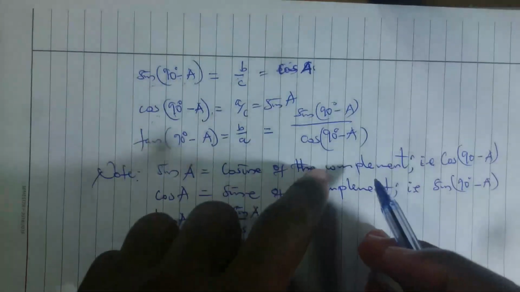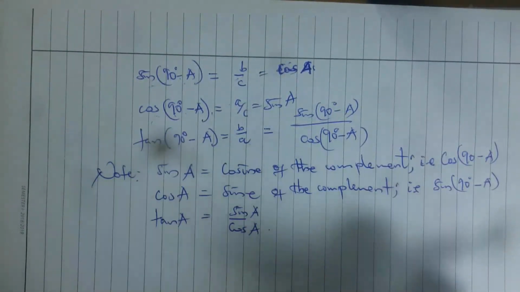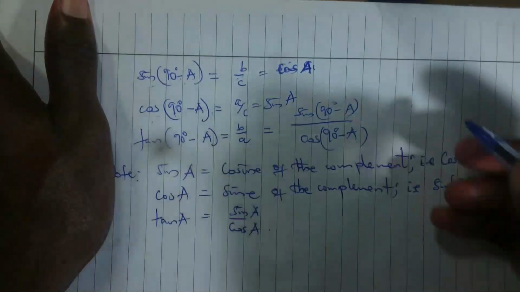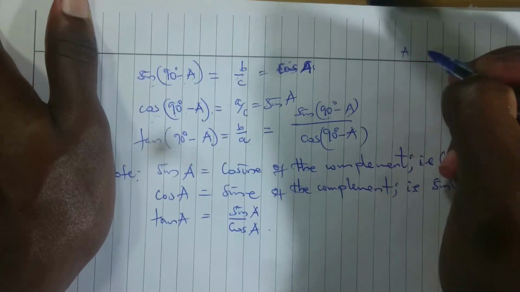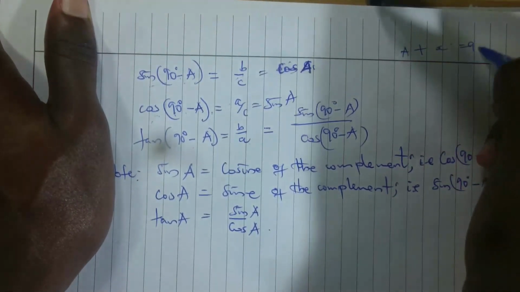So now, you know what complementary angles are? Complementary angles are angles that add up to 90 degrees. So if you have A and maybe another angle x, this A and x must add up to 90 degrees.